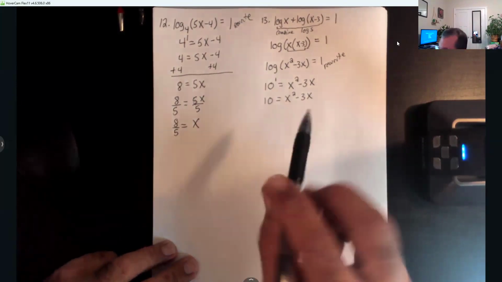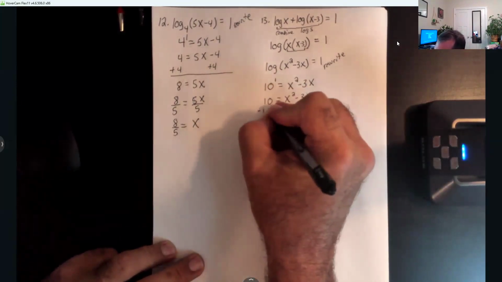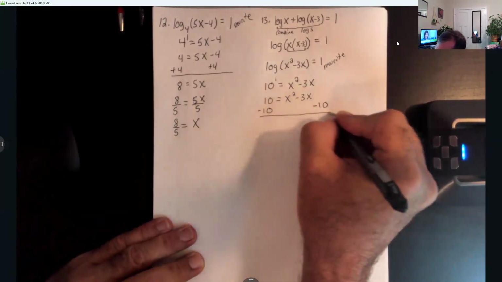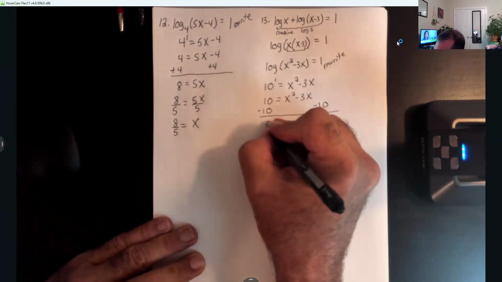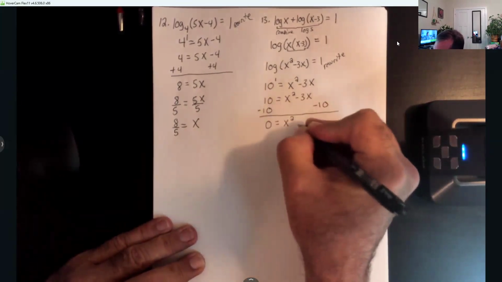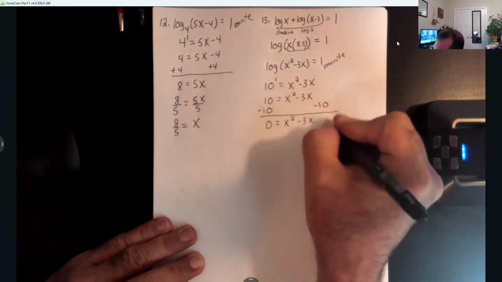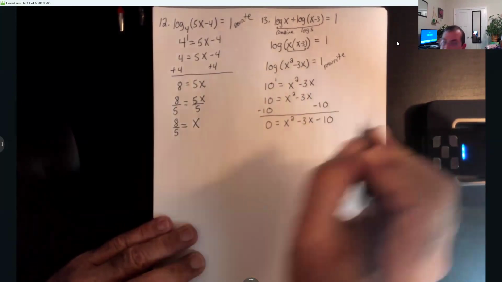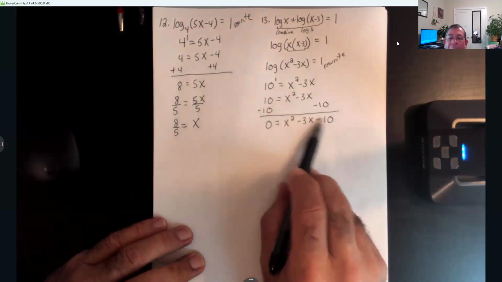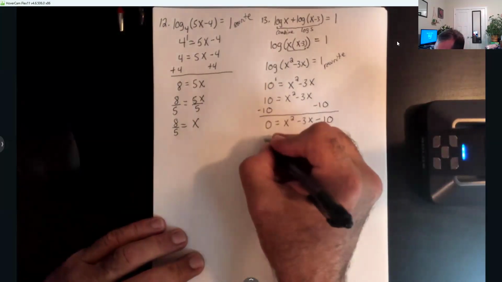So to make the left side be 0, we're going to subtract 10. So y'all look at that. 10 minus 10 is 0 on that side. That's going to equal my x squared minus 3x minus 10. So y'all look at that. We got a quadratic equation.